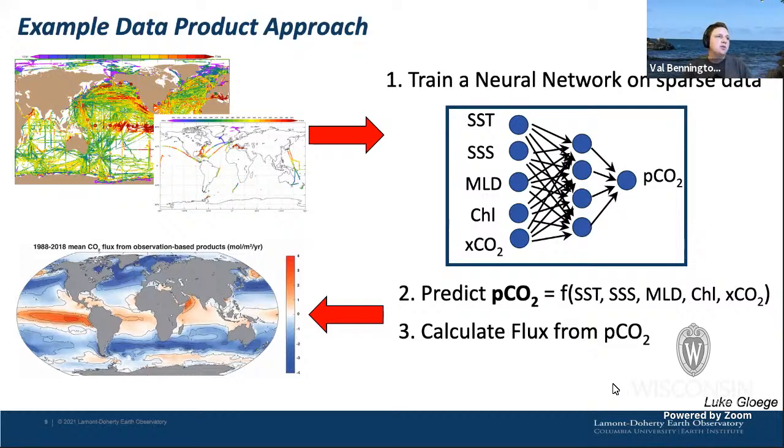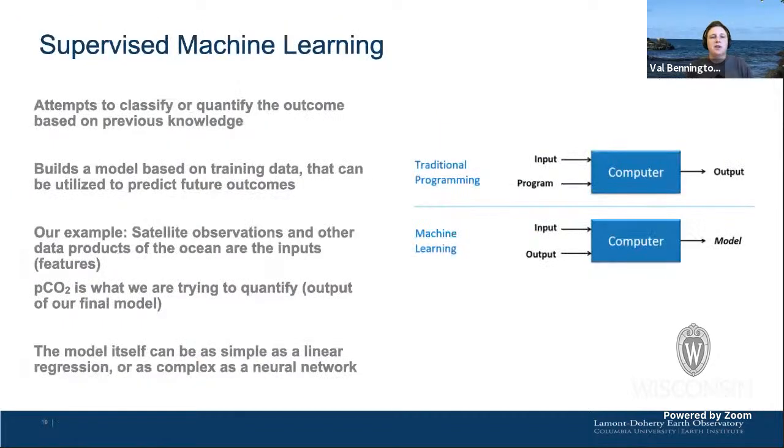So this is a typical approach in a data product. I'm going to get into the basics of what the machine learning is in this process, just so you have an understanding of the basic technique. So this is an example of supervised machine learning.